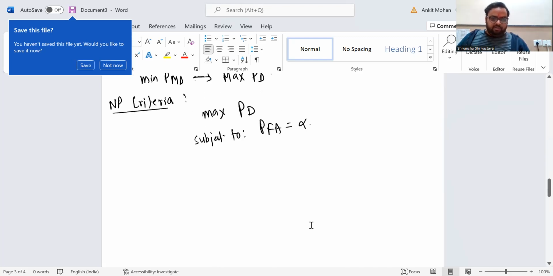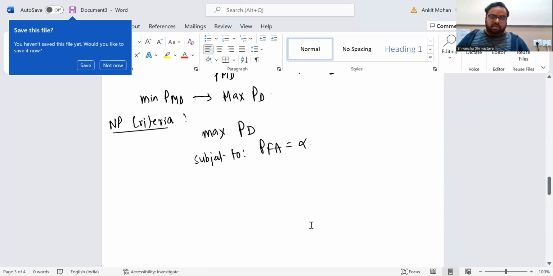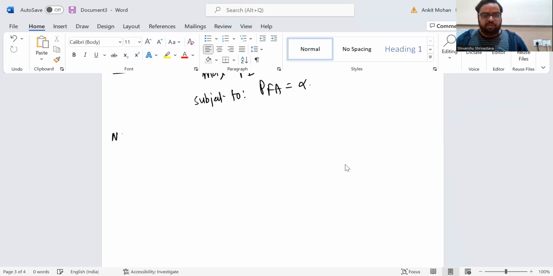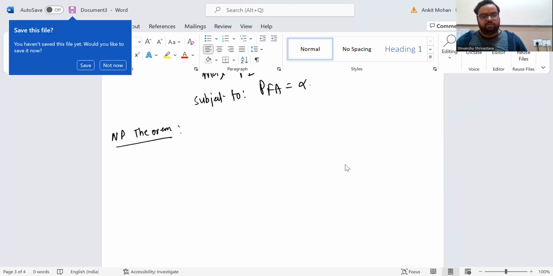We'll look into what the Neyman-Pearson theorem says because ultimately we want to make the decision on the sample, and that we have to decide here. So, coming quickly to the Neyman-Pearson theorem.